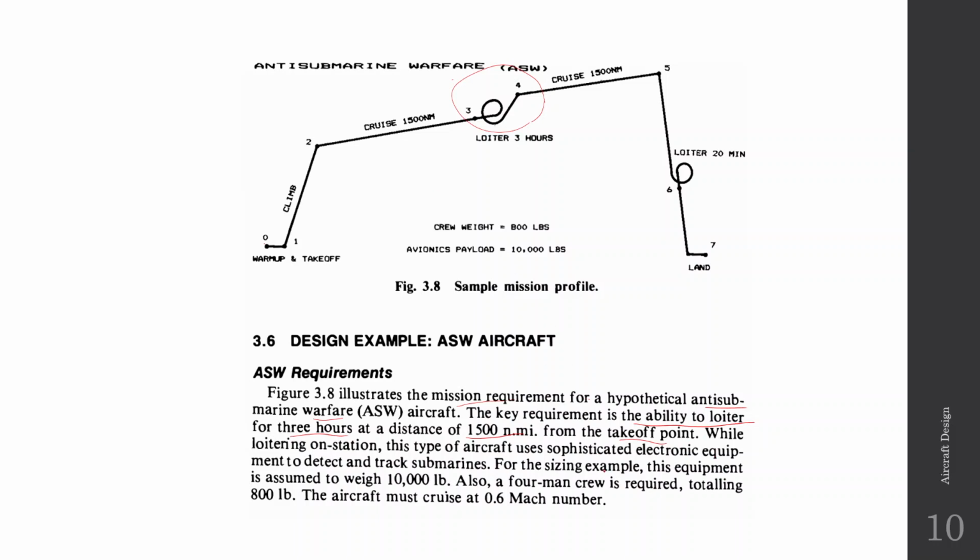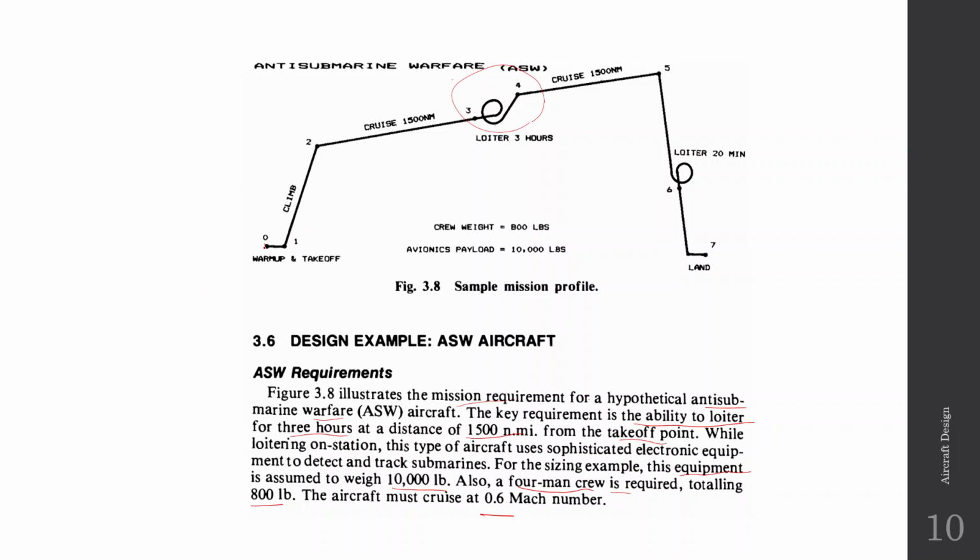We have an equipment weight which is assumed to weigh 10,000 pounds, and it must also have a 4-man crew which totals to 800 pounds, and the cruise velocity is 0.8 Mach. You can see this mission requirement on a chart. We have numbered all the phases of the flight.